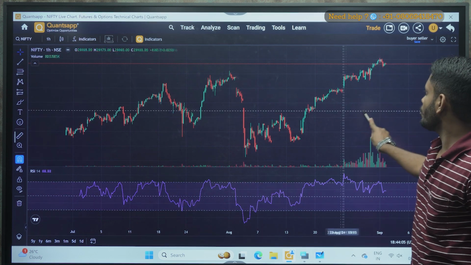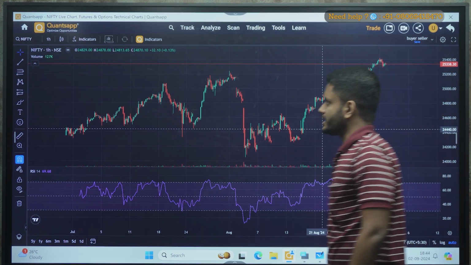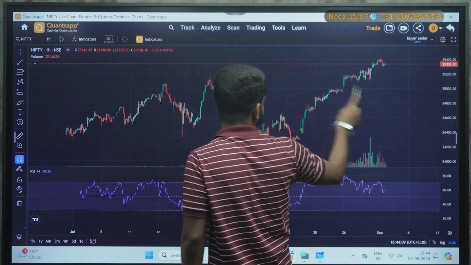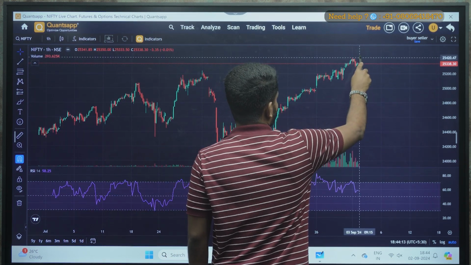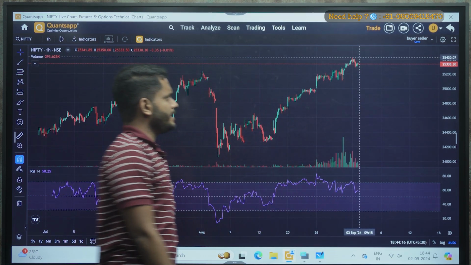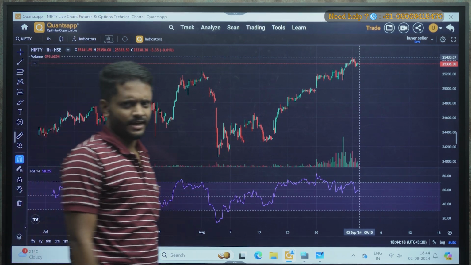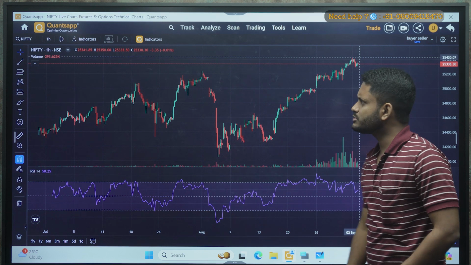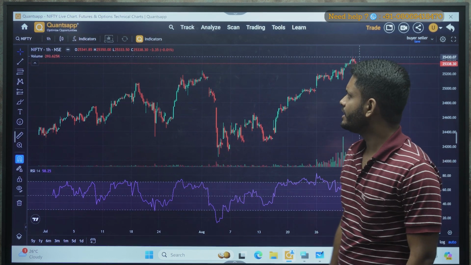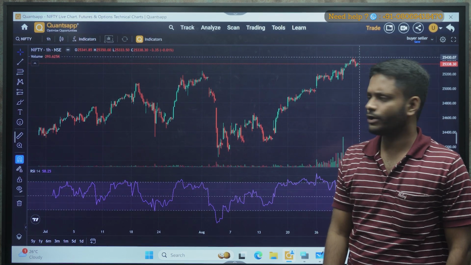And also the open interest was suggesting a downside. So you can keep an immediate swing high of 25,420 or 25,450, to be on a safer side, 25,450 odd levels as a stop loss, and we can plan a bearish trade on Nifty.